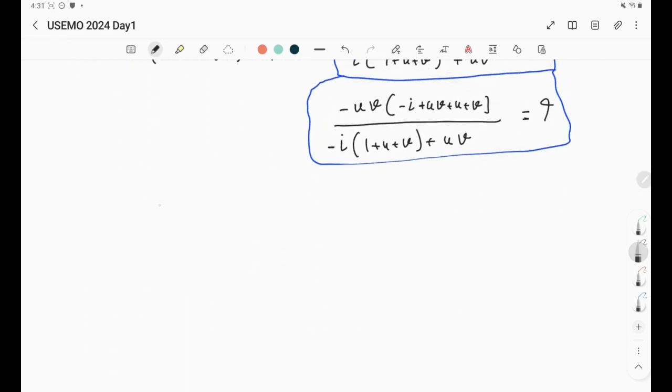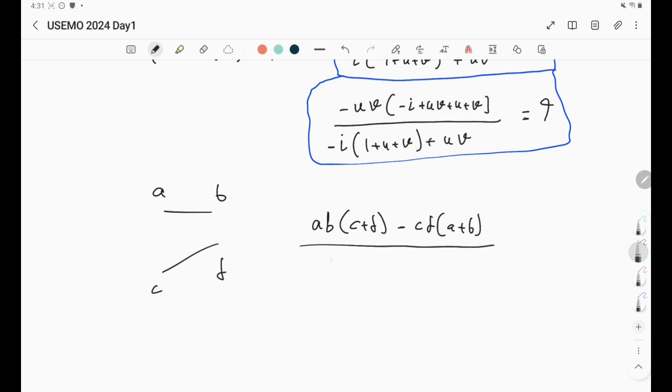If you have two chords, AB and CD of the unit circle, then their intersection is just the following. It's going to be AB times C plus D minus CD times A plus B divided by AB minus CD. That's it. This is the intersection of them.